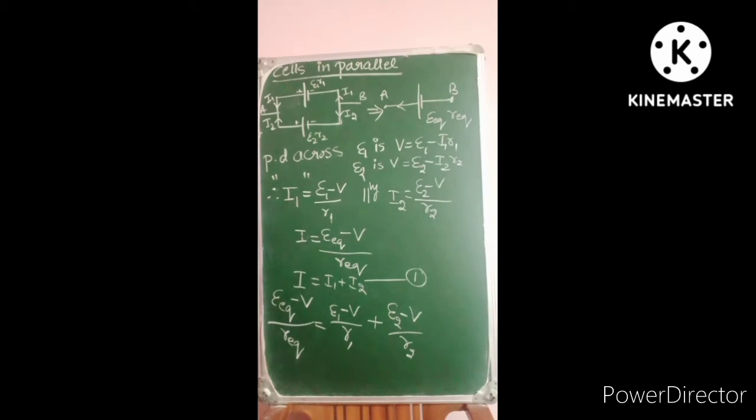Here we are substituting the values of I1 and I2. Now we just have to rearrange the terms. How will you rearrange the terms? We can write this as E equivalent divided by R equivalent minus V divided by R equivalent, and in the same way E1 by R1 minus V by R1 plus E2 by R2 minus V by R2.